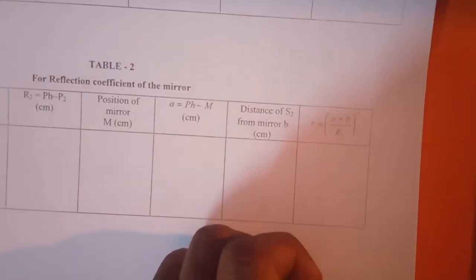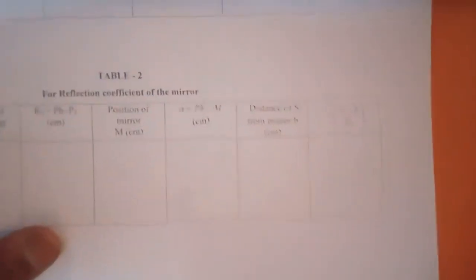Now the formula says R, that is the reflection coefficient, is equal to A plus B upon R2, whole square of course. So this way you should be able to obtain the reflection coefficient. Now once again, do this for 2 or 3 readings, sliding 10 centimeter towards the photometer. If you are starting from here towards one end, keep moving it by 10 centimeter each and record 3 readings.